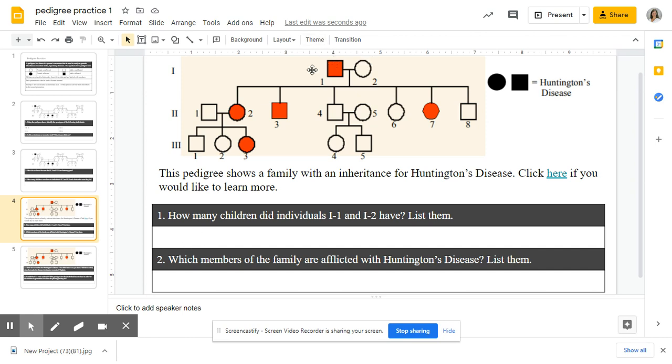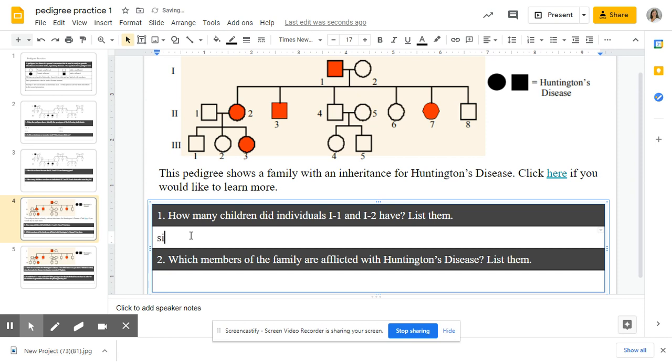So right here, these are first generation individuals, 1 and 2. We want to know how many children they had. So all the people connected to them, this person, this person, this person, this one, and this one are all their children. So that means they had 1, 2, 3, 4, 5, 6. So they had 6 children. It says to list them.